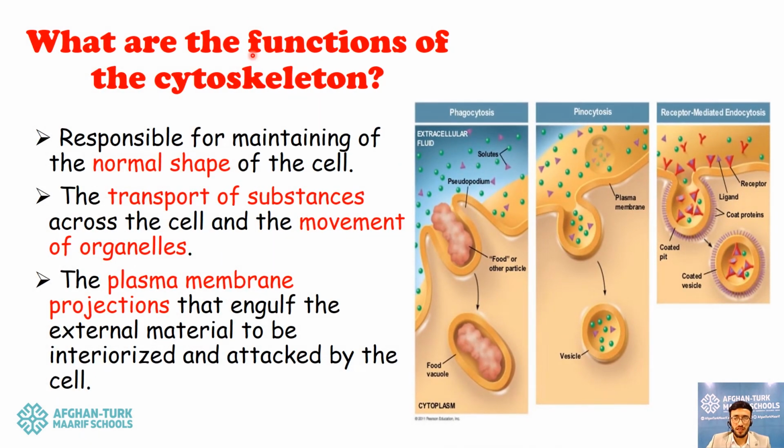What are the functions of the cytoskeleton? We can summarize the total function of the cell with the function of the cytoskeleton. It means the cytoskeleton is responsible for maintaining the normal shape of the cell, the transport of substances across the cell, and the movement of organelles. Different types of unicellular organisms move in order to obtain food, also to prepare themselves to catch the food, and they use the cytoskeleton to move from one place to another.